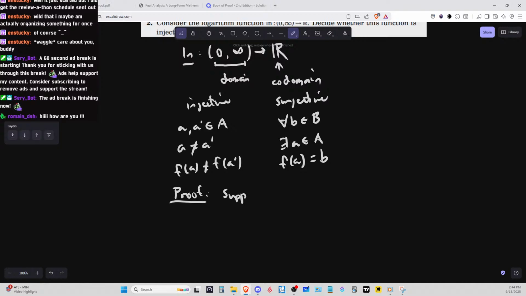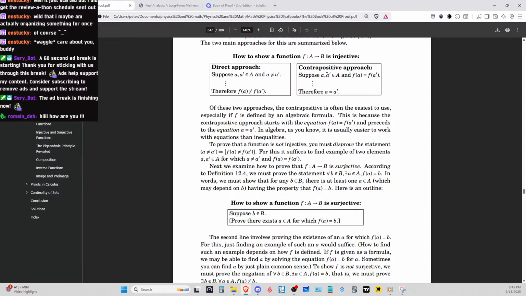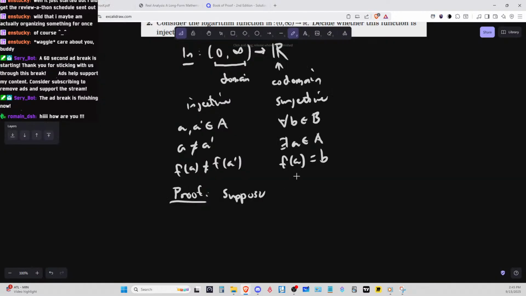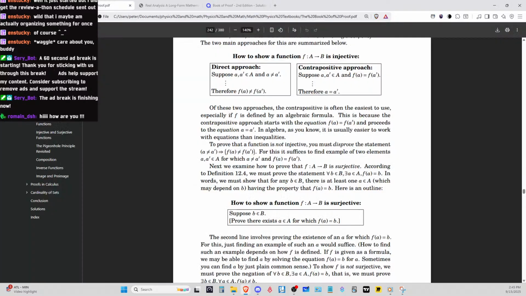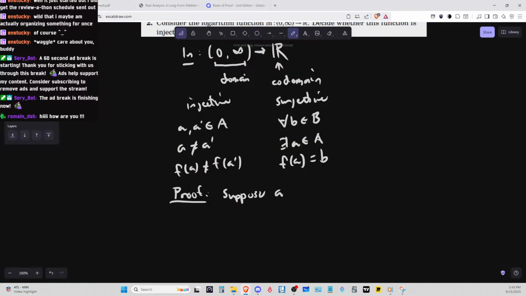Suppose A and A prime are in A, and the natural log of A is equal to the natural log of A prime.